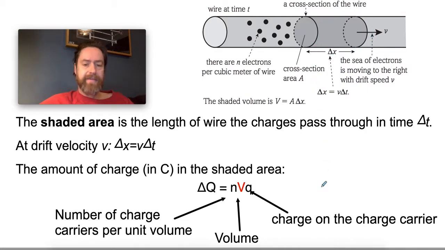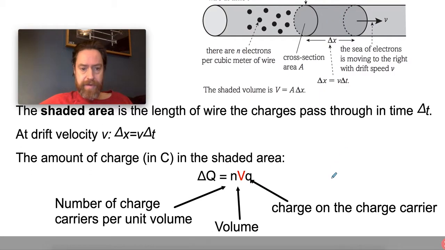And then that would just give you the number of electrons, but we want the number in coulombs. So we need to multiply this by the charge on the charge carrier, so basically the charge of an electron, or 1.6 times 10 to the minus 19 coulombs. So this expression is going to tell us how much charge is in that volume there.